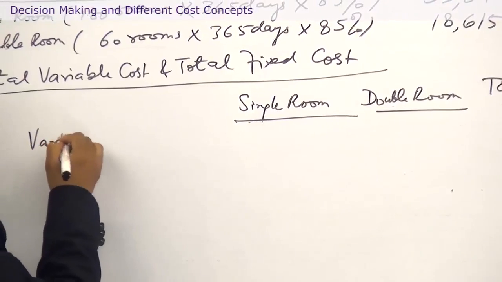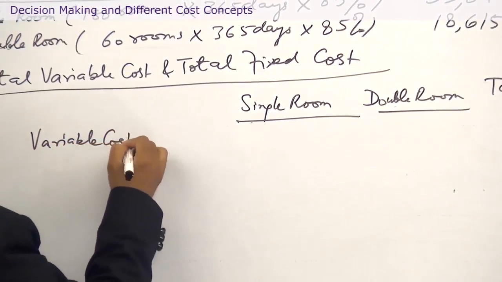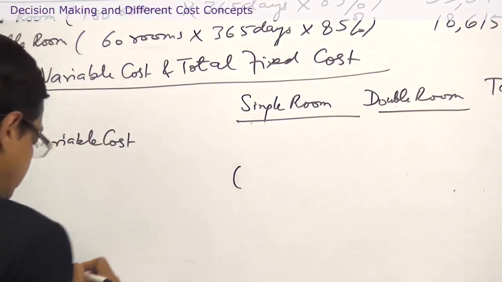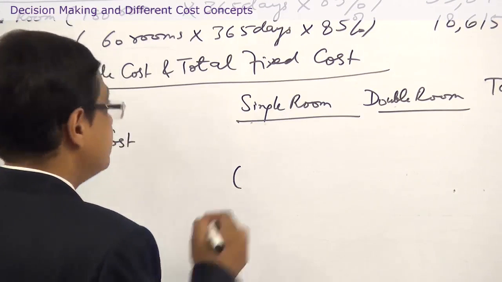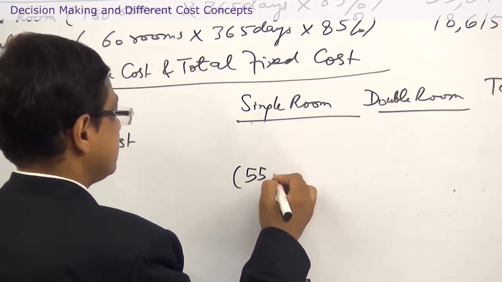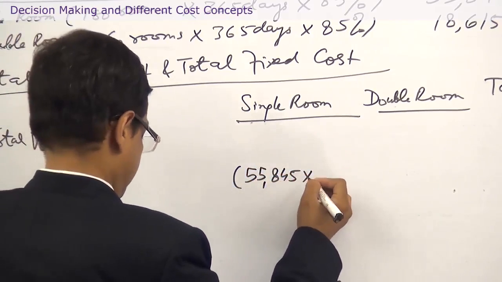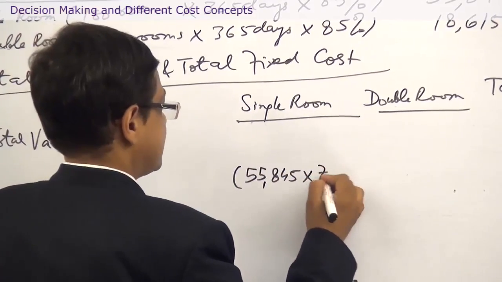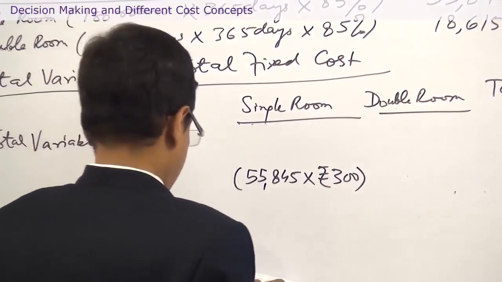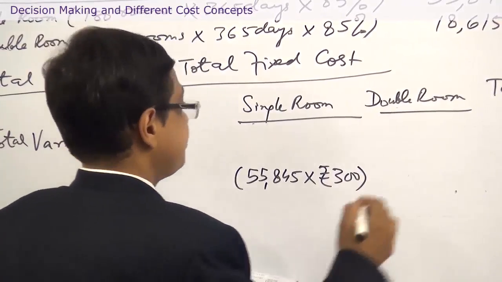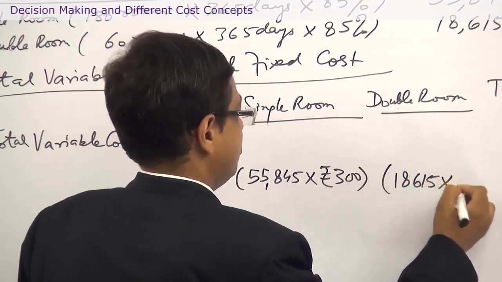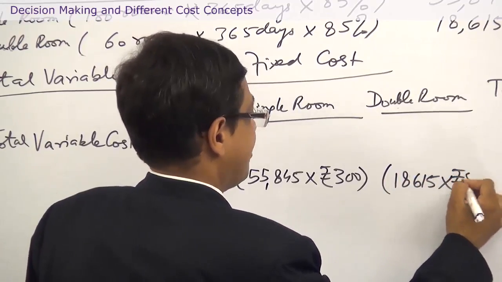So your total variable cost will be, for 55,845 rooms into rupees 300, in this case for single rooms. For the double rooms it is 18,615 rooms into 500.